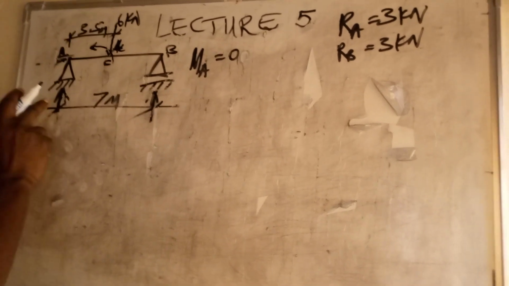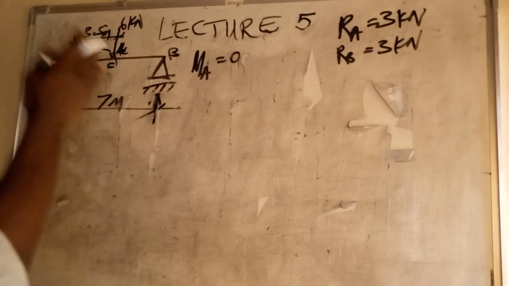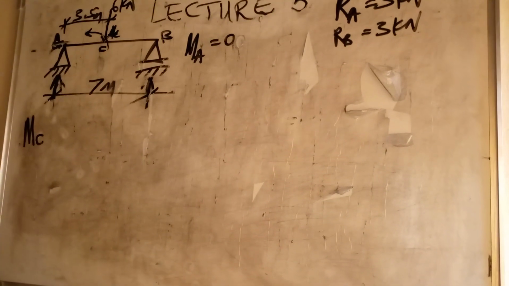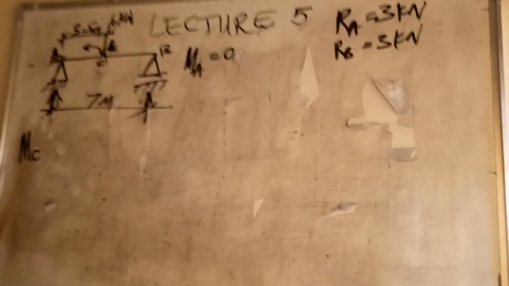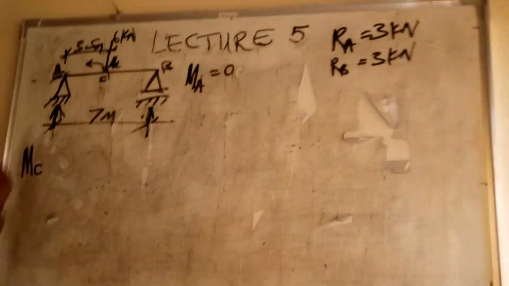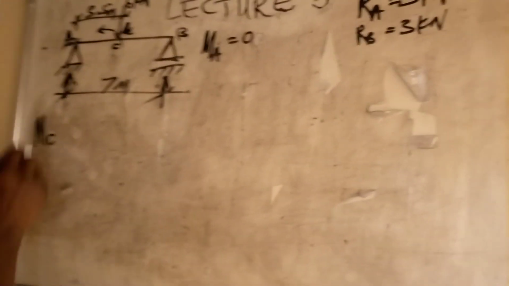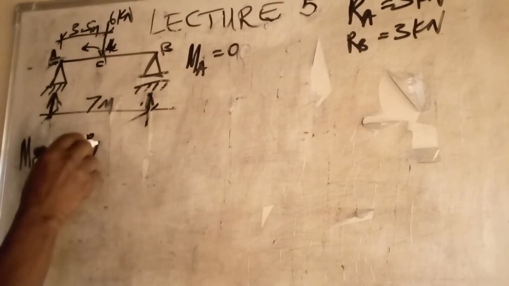The next moment, from A to C because we started from A, will be the moment caused by the force of reaction A, which is reaction A times that distance. It's against MC, so it will be negative: minus 3.5 RA.